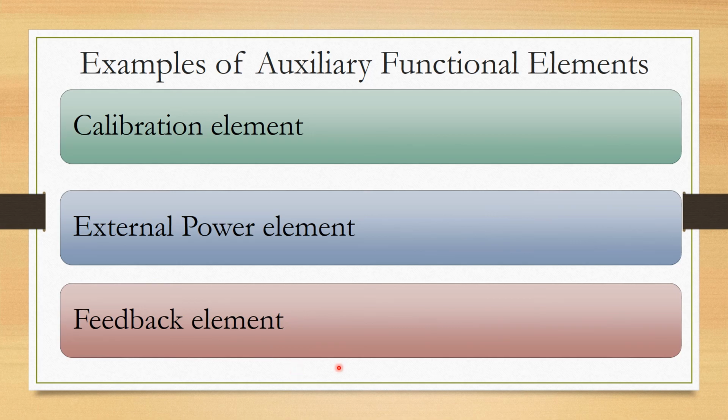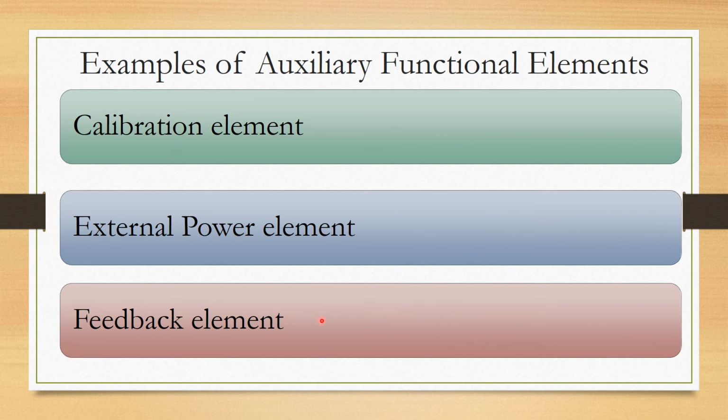And sometimes you need some feedback. So what is the output that is given by the instrument, and you need to process it, because sometimes, for example, you want some control. Suppose you are measuring the temperature, and your instrument will give some reading, and you want to control the temperature. Suppose the reading is high, so you want to reduce that temperature.